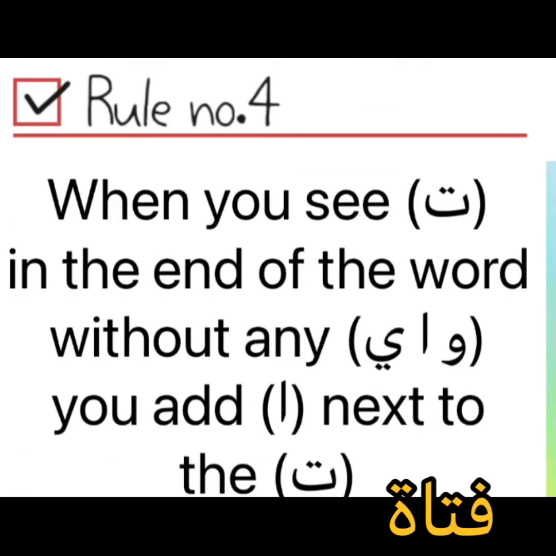Rule number 4. What is rule number 4 about? When you see تاء مفتوحة, there is a تاء مفتوحة, but it is not at the end of the word. So no, rule number 4 can't be applied.